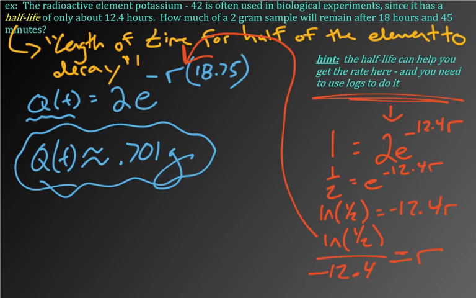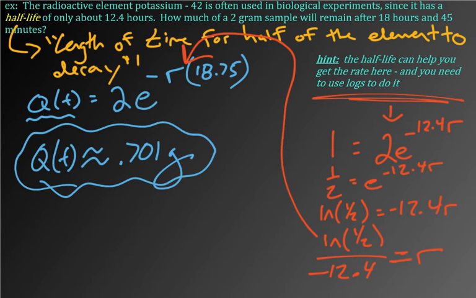And in these real life application problems, I highly suggest you think about your answers. So if you got an answer that was like 4 grams, that would be an issue because it should be decaying, right? If we started with 2 grams, we would never expect the answer to have more than 2 grams. If it's decaying, it's got to be less than 2, right?